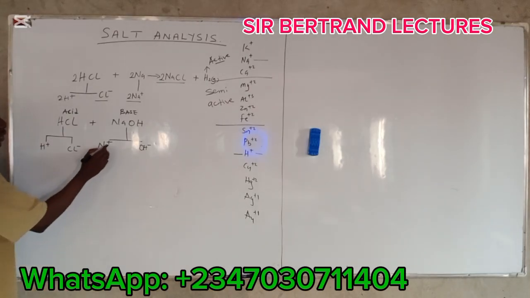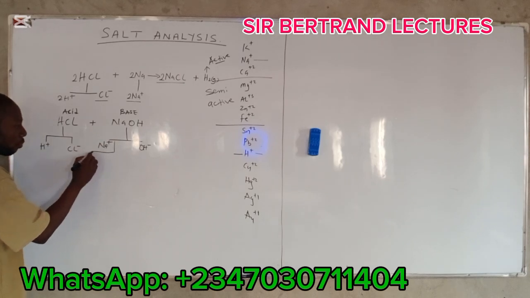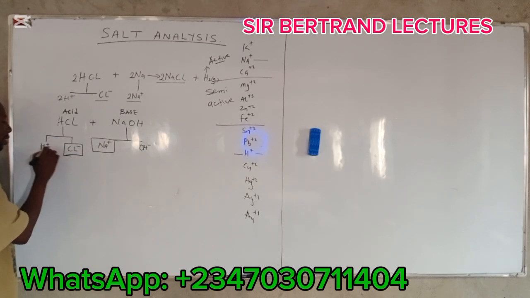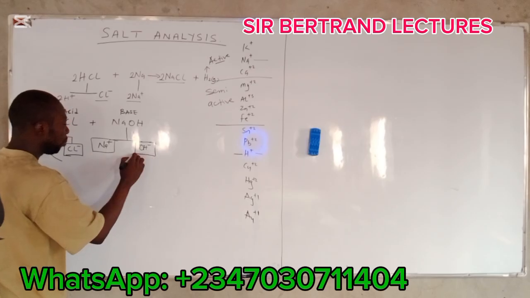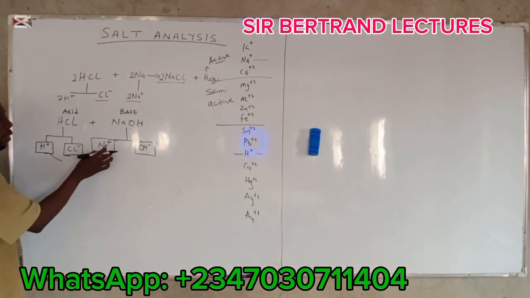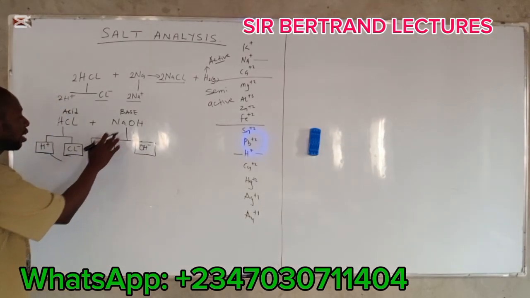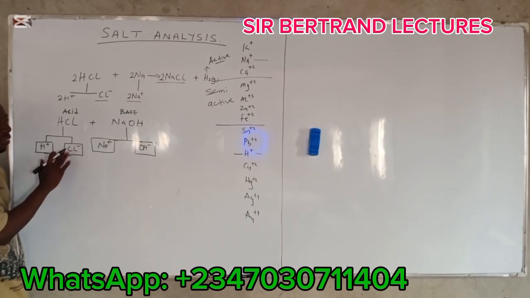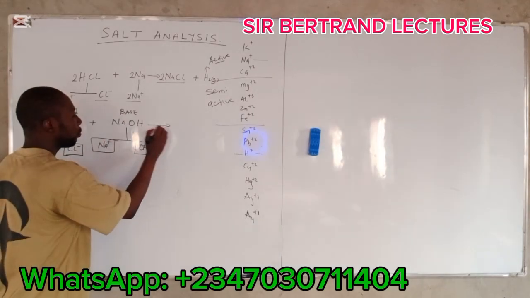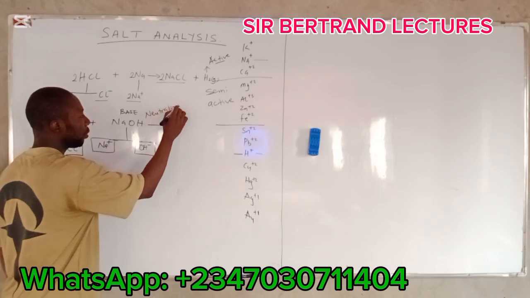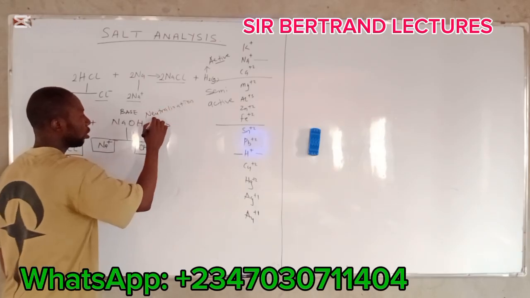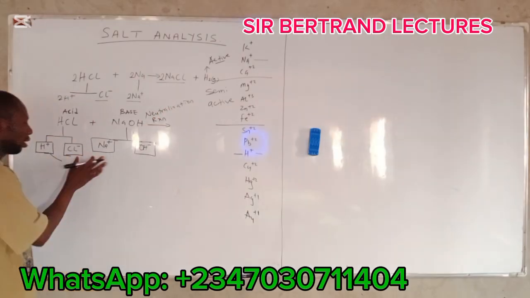Now, let the positive ion of a base combine with the negative ion of the acid, and the positive ion of the acid combine with the negative ion of the base. When the positive ion of a base combines with the negative ion of the acid, remember the reaction is known as neutralization reaction. Okay?